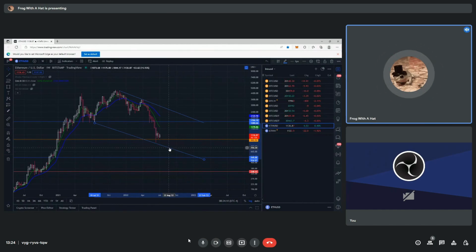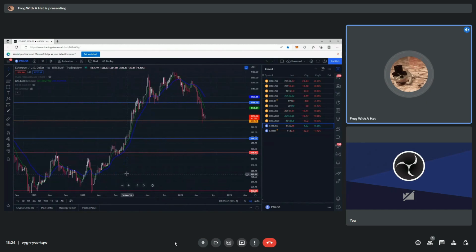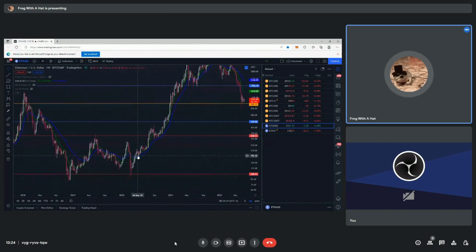So unless this trend breaks, don't think that we're going to jump to all time highs overnight. People think that 2020 is going to happen again. Well, if it's going to happen again, you're going to see a cross.